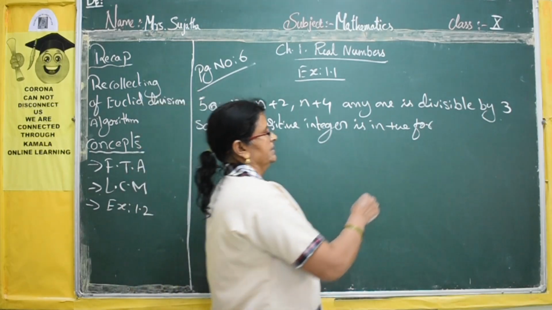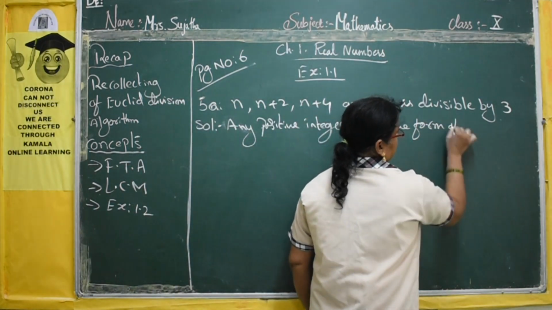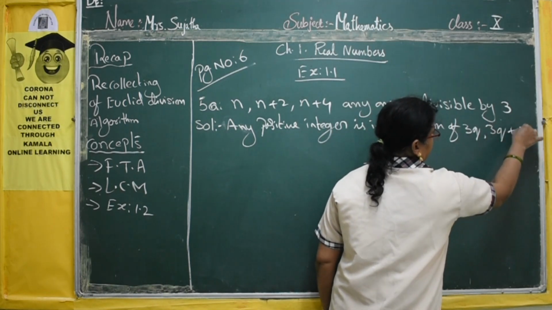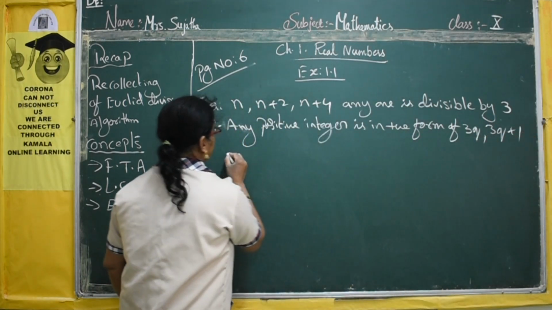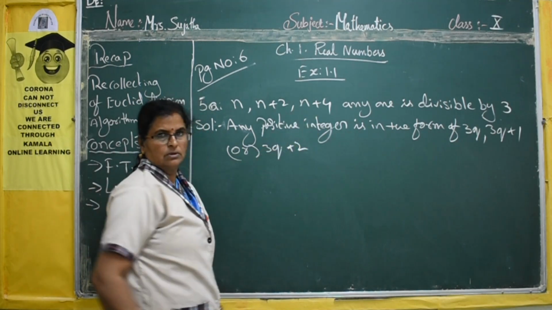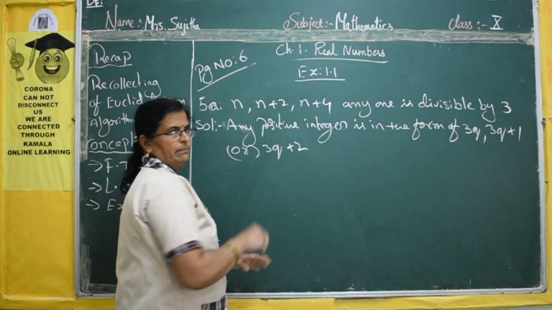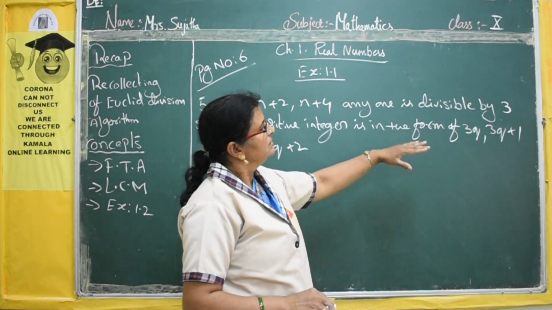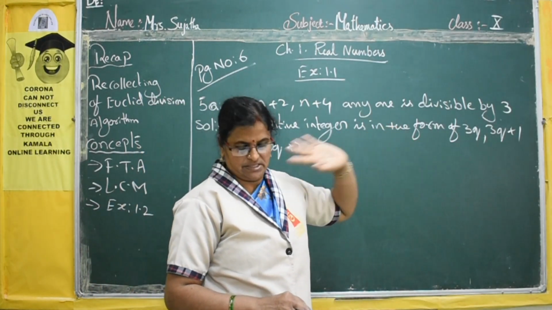Any positive integer is in the form of 3q, 3q plus 1 or 3q plus 2. In one of these three forms the positive integer can exist.